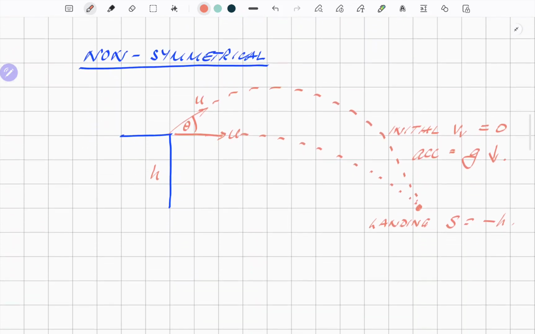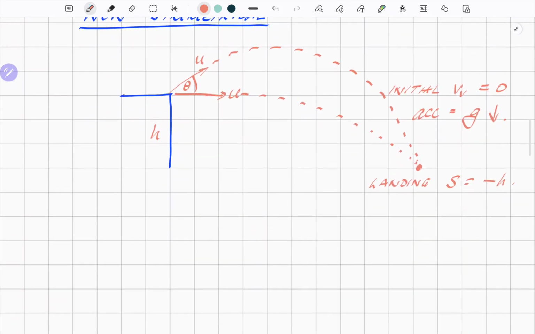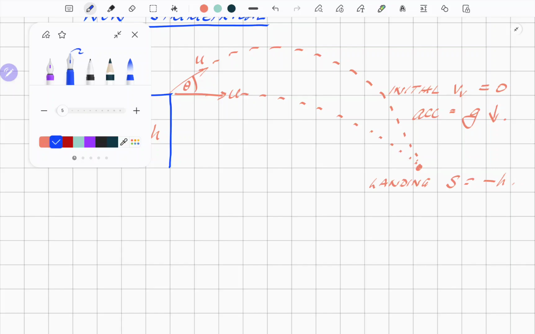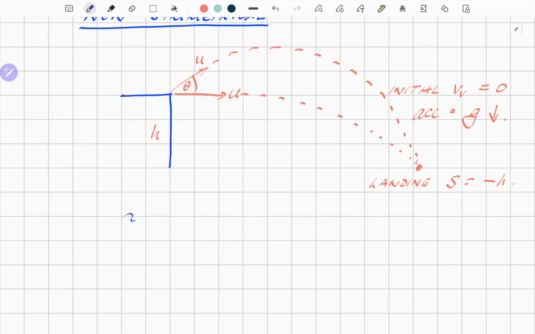Yes? Okay. Another thing that is important, again a typical question, is speed versus velocity.